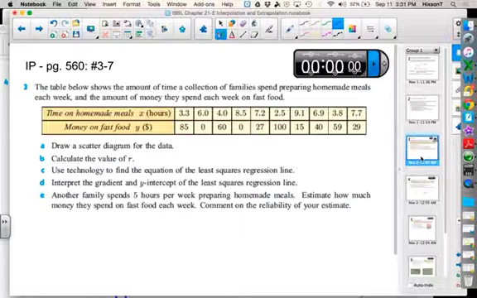I'll do it 0.87. Yeah, no, I'm getting negative 8.61. I must have missed it.